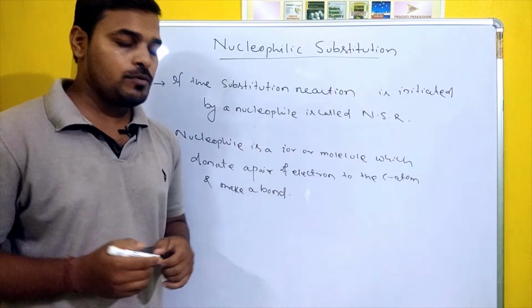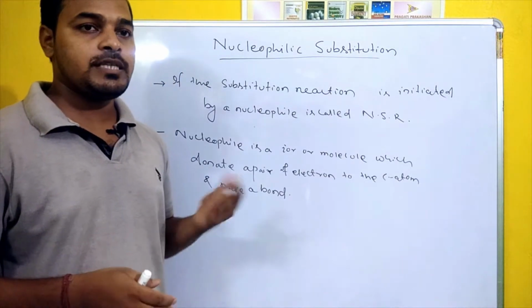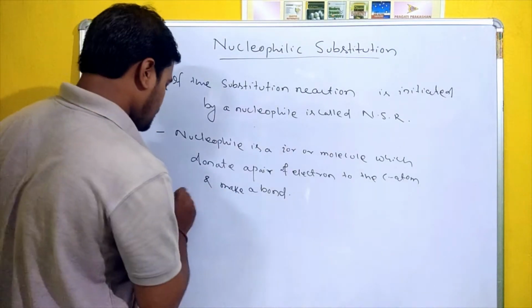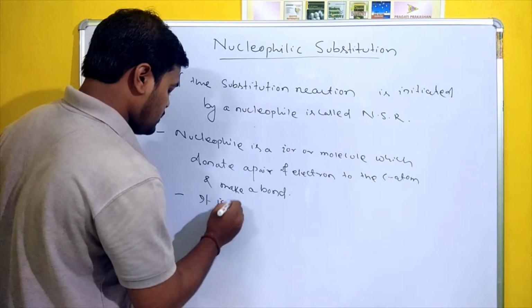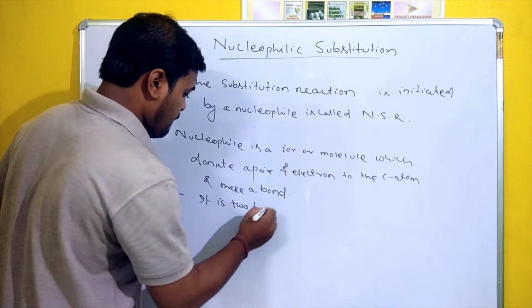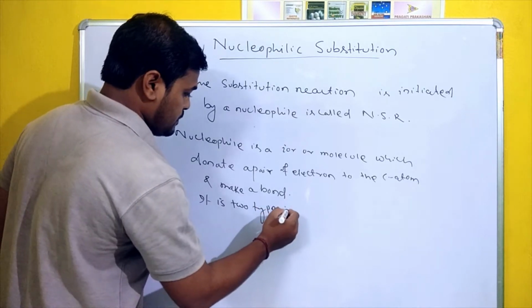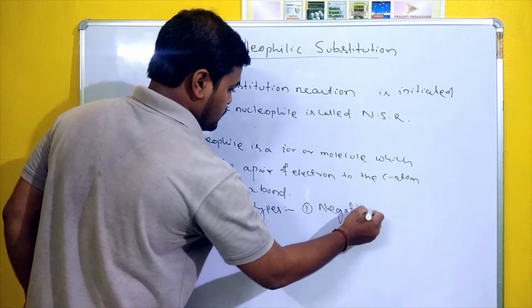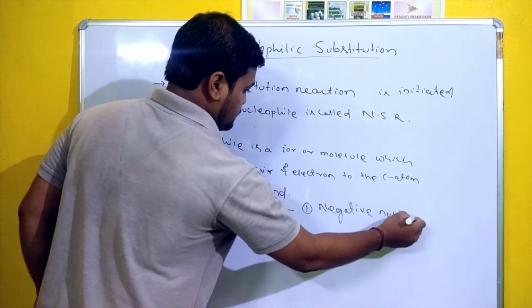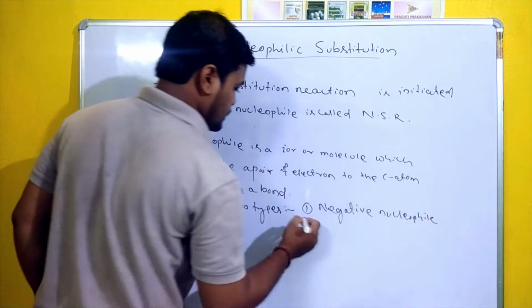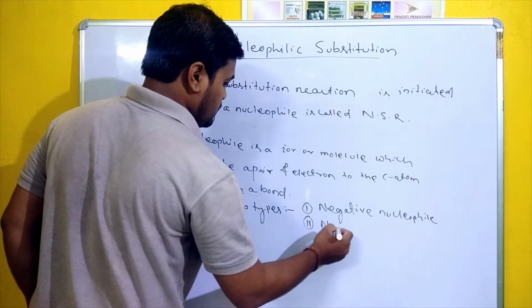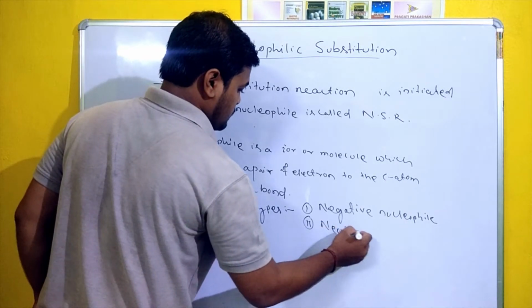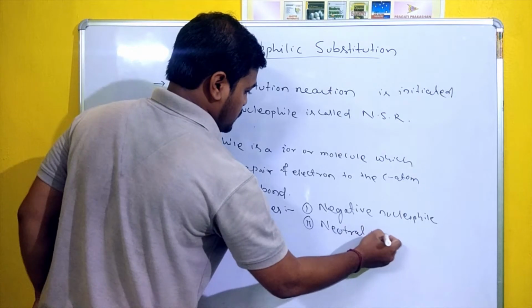Okay. So basically nucleophiles are of two types. One is the negative nucleophile, another is the neutral nucleophile.